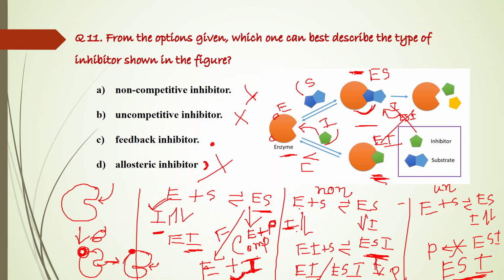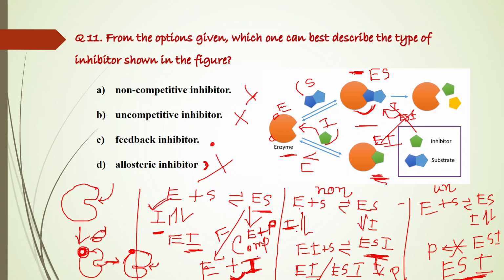So this sometimes happens to regulate the enzyme activity. Sometimes you do not want too much activity of a particular enzyme. That's why it happens that the product itself acts as an inhibitor. That means if too much product is forming, the product will itself block the enzyme and stop its activity.